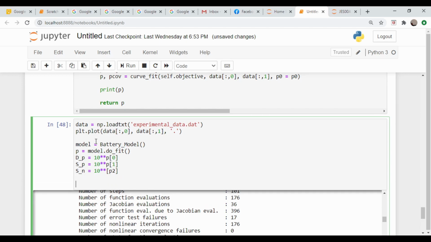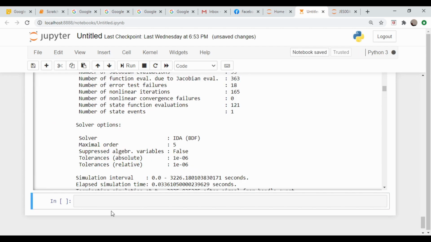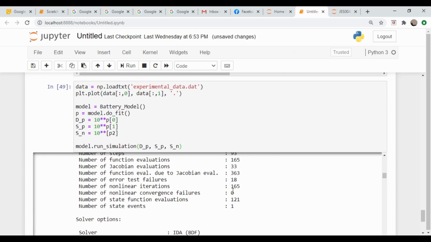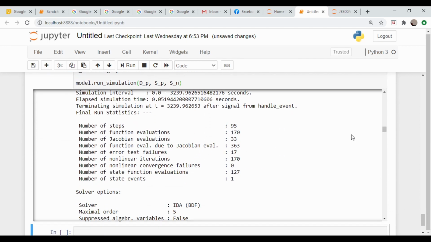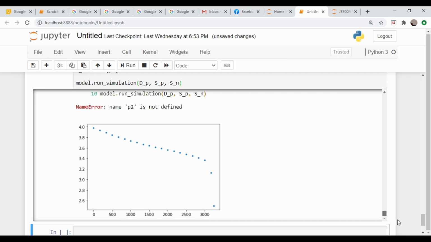And now let's just call model.run simulation. Model.run simulation dP, S sub P, S sub N. Does this run? It seems to. Let's just double check that and slide this thing all the way down.